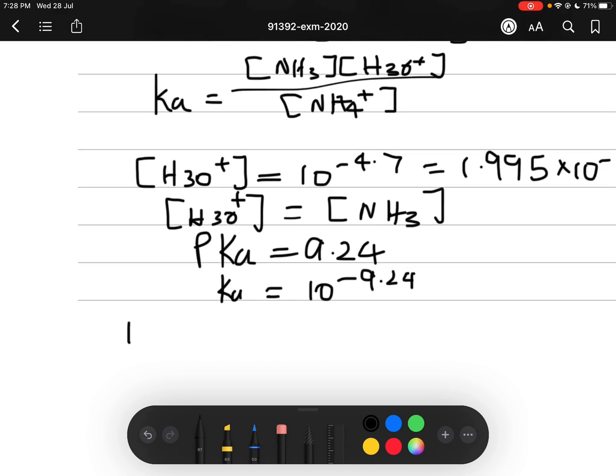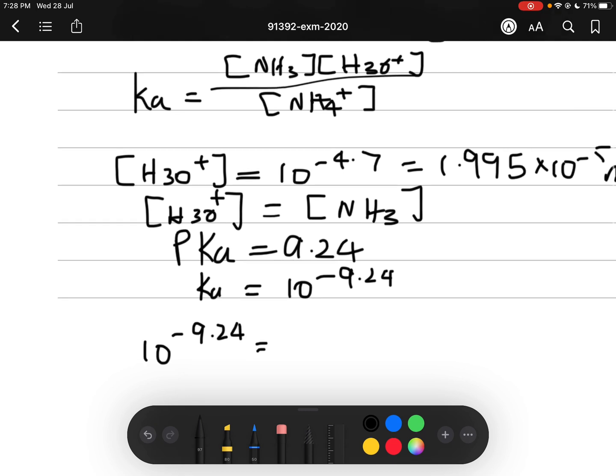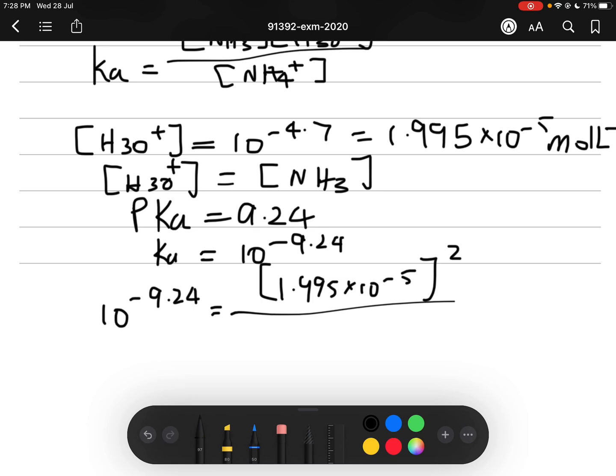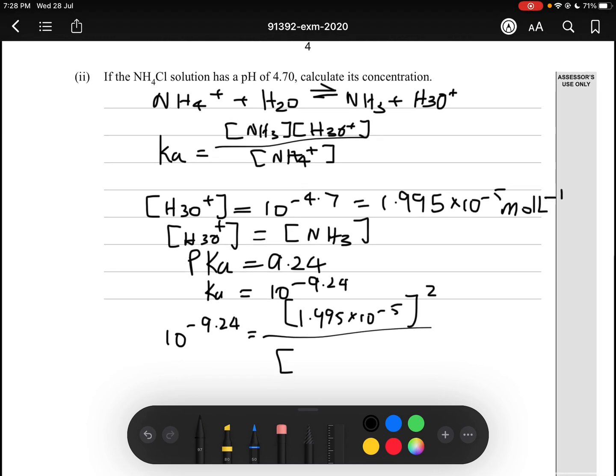So we can say that 10 to the power of negative 9.24 is equal to 1.995 times 10 to the power of negative 5 squared, divided by concentration of NH4 plus. So technically, if we were to do this very precisely, we would say that there's originally some concentration of NH4 plus, and this much of NH4 plus concentration would have reacted away to form NH3 and hydronium.